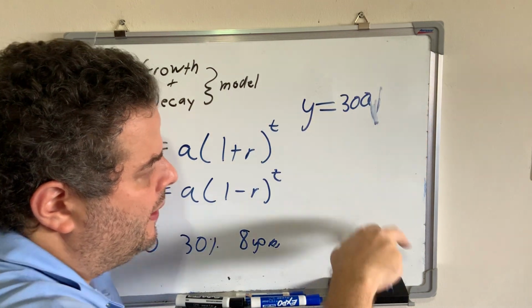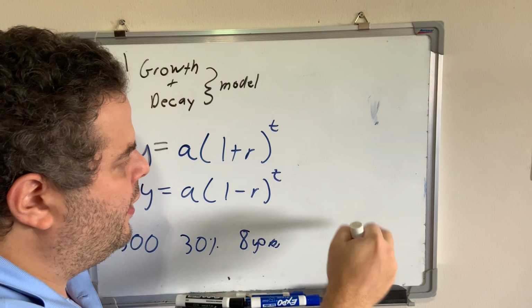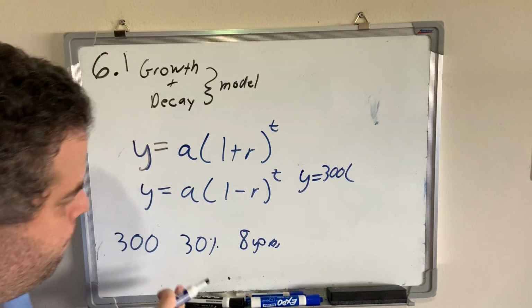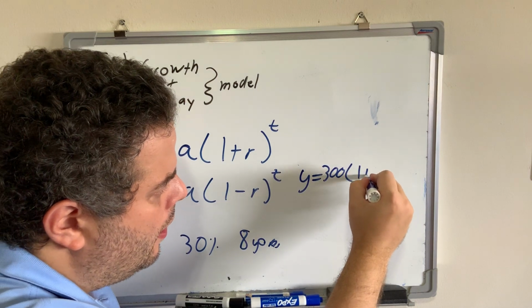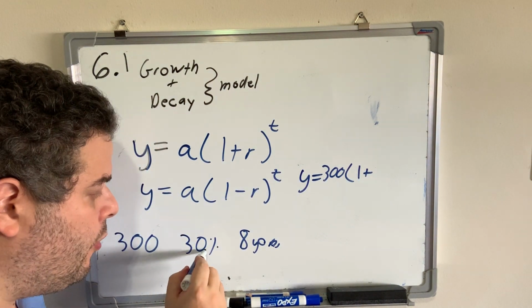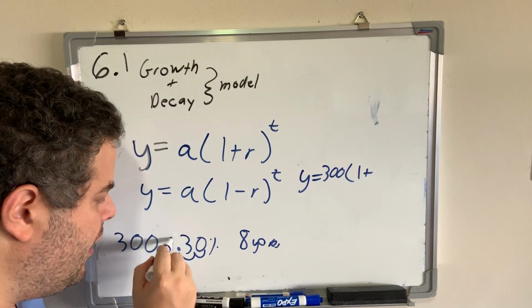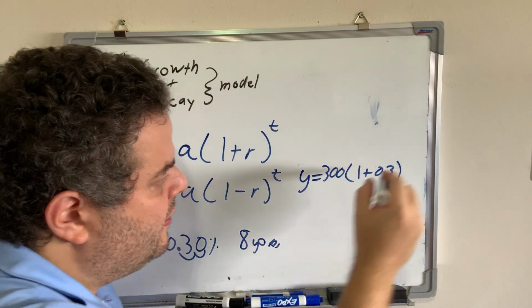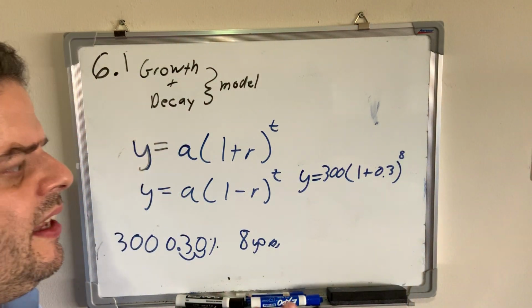Let me actually just rewrite it here in a more organized fashion. 300 rabbits, 1 plus, because we're growing, 30% expressed in decimal form. You divide by 100. 0.3 elevated to the 8th power because it's 8 years.